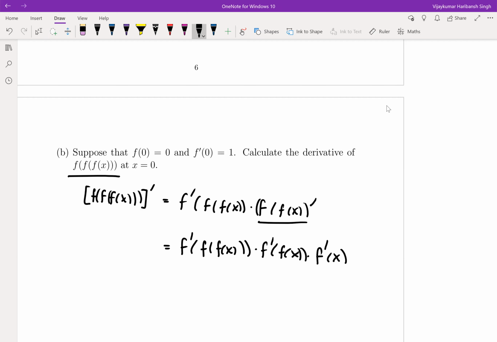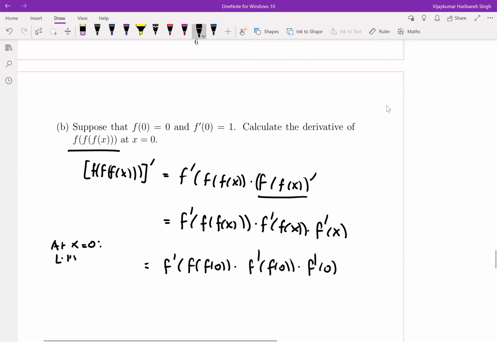Right? So therefore at x equals 0, what do we get? The left hand side is f prime of f of f of 0 times f prime of f of 0 times f prime of 0. Now, what is f of 0? f of 0 is 0.